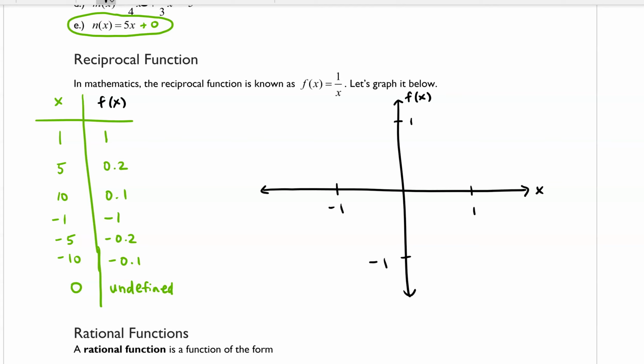And if I plug in +1, then my output is +1. If I plug in -1, then my output is -1. And if I plug in 5, let's see, I didn't draw this very well.